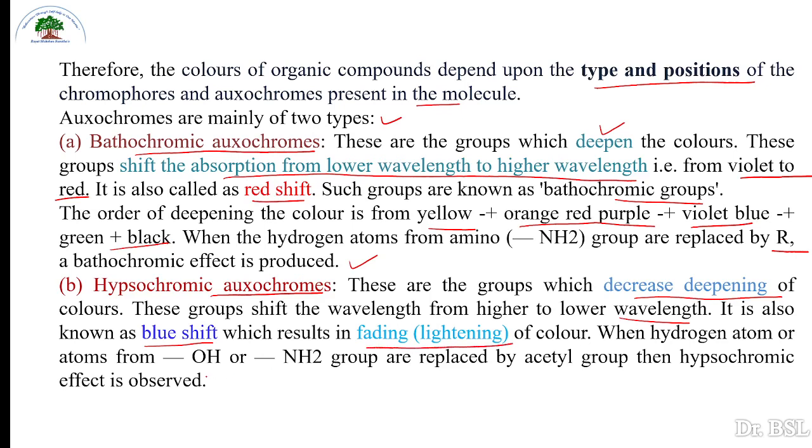When a hydrogen atom from the OH or amino NH2 group is replaced by an acetyl group, then a hypsochromic effect is observed. So these two, bathochromic shift, that is red shift, and hypsochromic shift, that is blue shift, occur when we replace the specific oxochromes, bathochromic oxochromes and hypsochromic oxochromes.